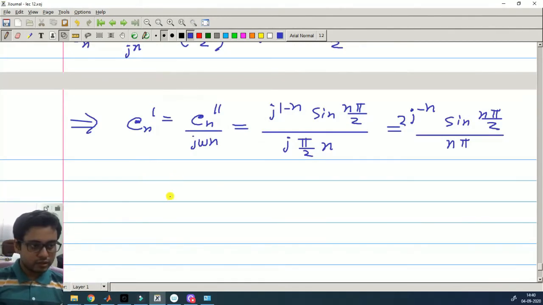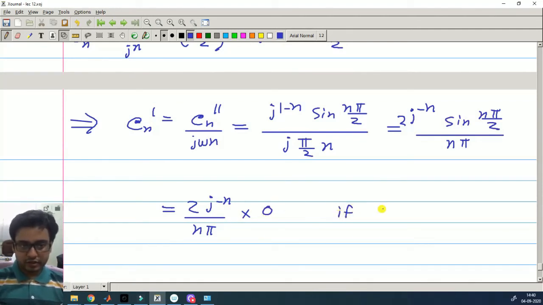Now this is equal to 2 j to the power minus n divided by n pi multiplied with sine n pi by 2, and if n is an even number, okay, then this sine term will be 0.